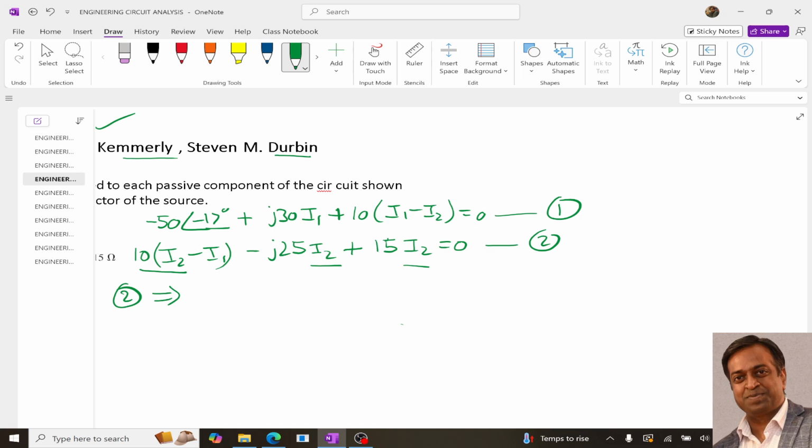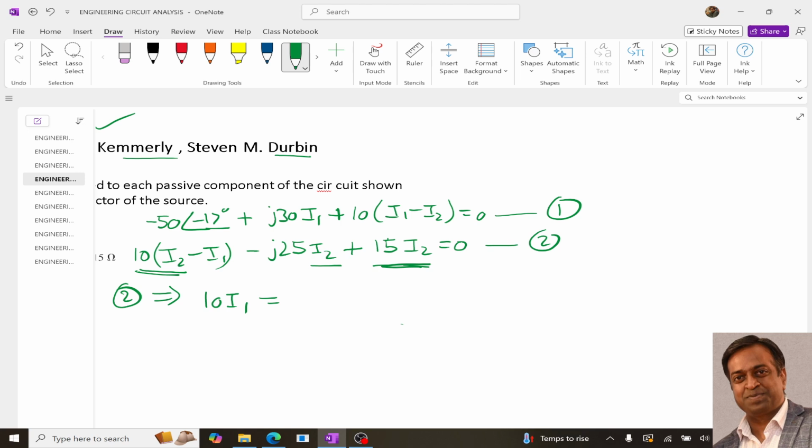So 10 I1 will be equal to 10 I2 plus 15 I2, so it is 25 I2, and then minus j25 I2.